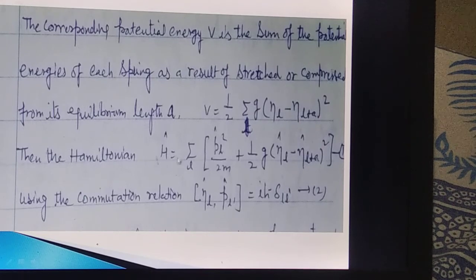So H equal to summation l pl square by 2m plus 1 by 2 g (eta l minus eta l plus a) whole square. This is number 1. And these operators eta l and pl follow the commutation relation [eta l, pl dash] equal to i h cross delta l l dash.